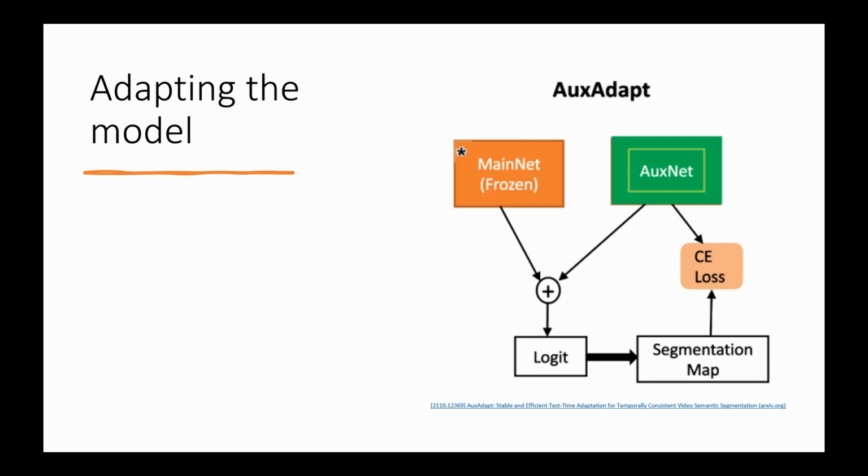And then we simply do some sort of adaptation on these AuxNets as we see the new data input to the model. So probably one question here would be, what could go wrong in this case?